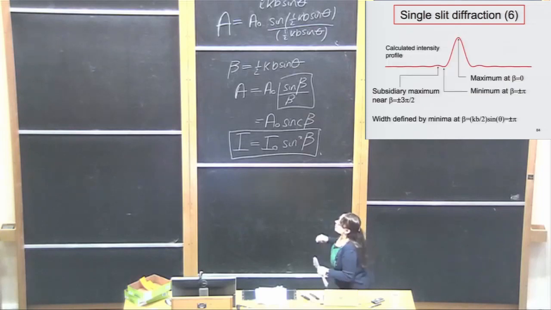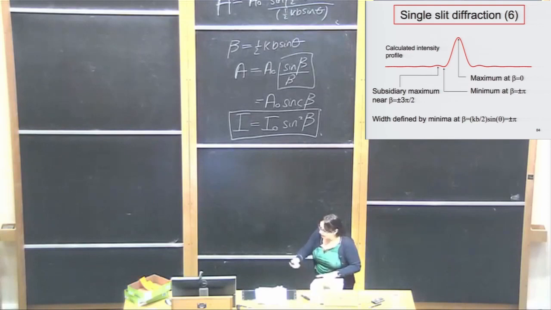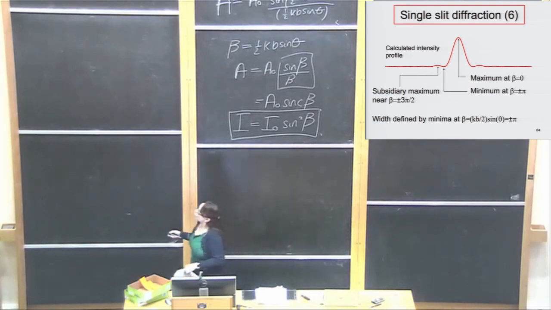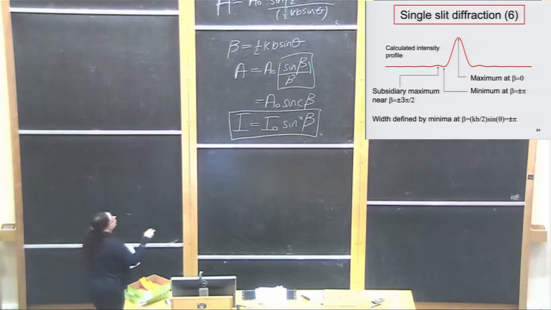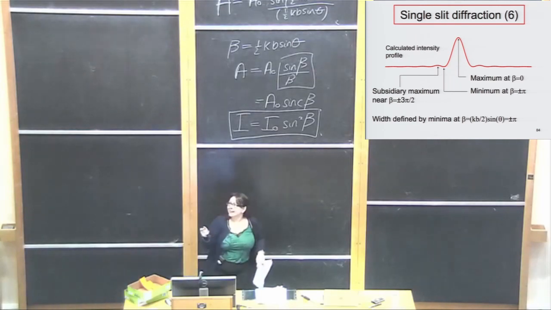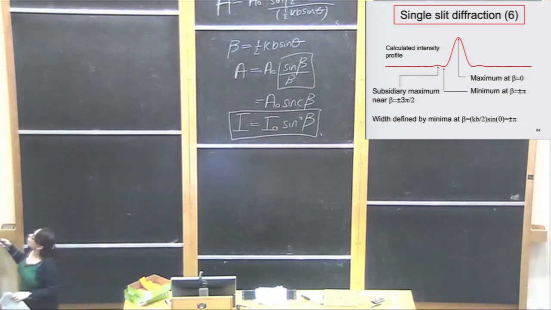Okay, so what does that thing look like? This is the sinc squared, this is the intensity distribution. You see this big central peak, so at beta equals 0 you've got sine of 0 over 0, which is 1. And then as you go away from 0, both beta and sine beta increase, but beta is of course increasing faster, so you see this drop in intensity.